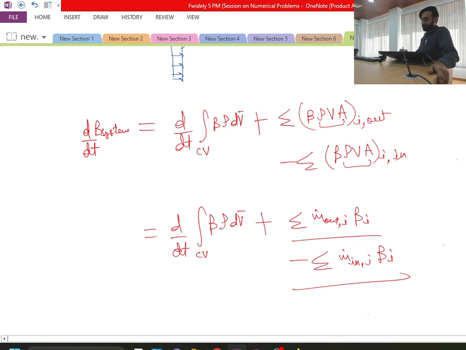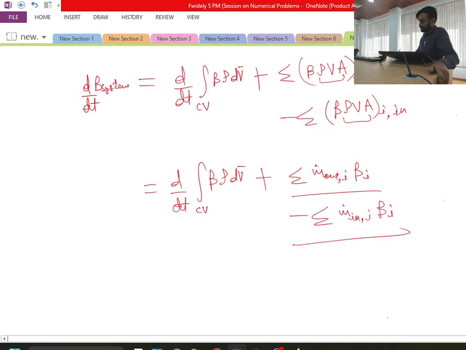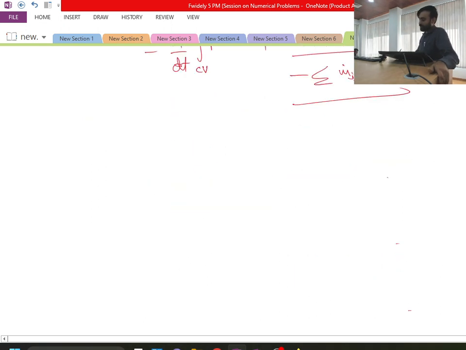Now the benefit of this Reynolds transport theorem is that if you have understood it thoroughly, you can apply it arbitrarily to any property and get all the forms of governing equations for fluid flow for a control volume, because B I have taken as an arbitrary property.